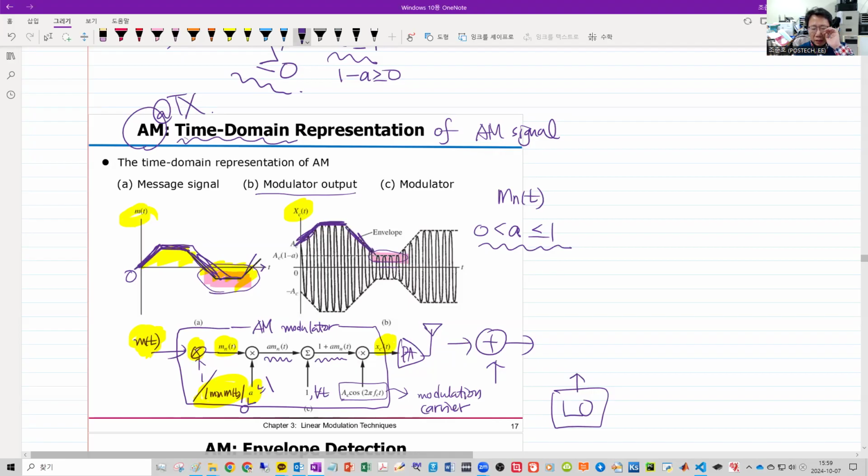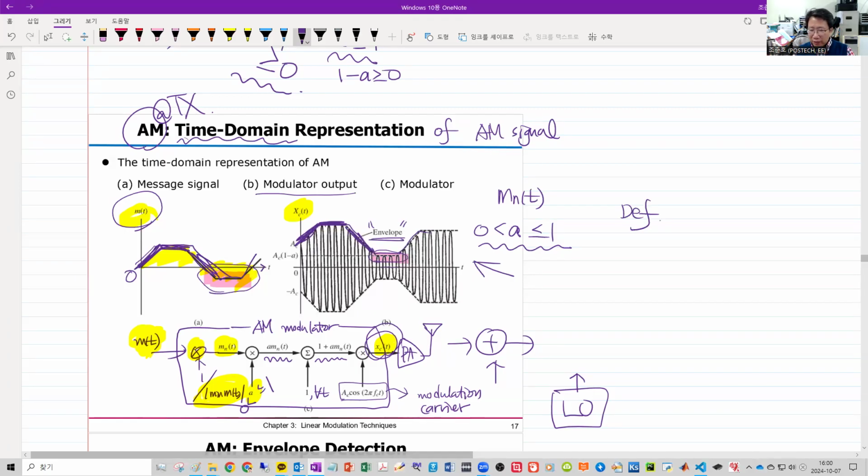So after AM modulation, the transmitted signal looks like a carrier signal that conveys the message signal in its envelope. By the way, even though this is just called the envelope, the definition of envelope is different.